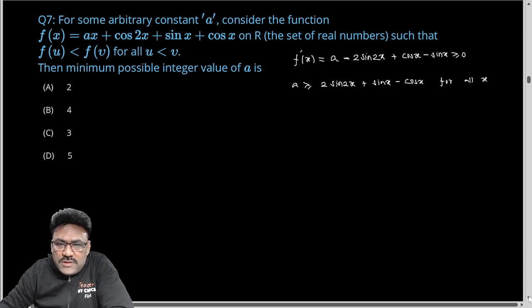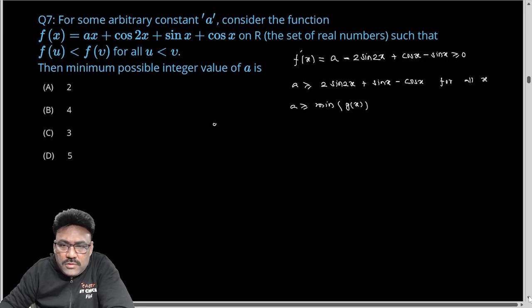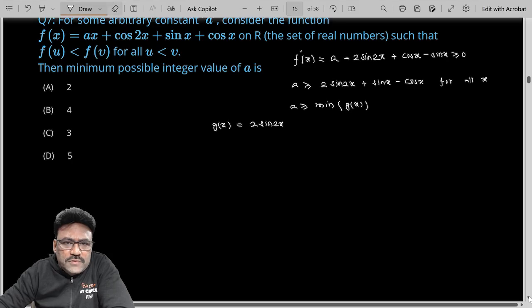So let's say this function is g(x), a must be greater than or equal to the maximum of g(x). And g(x) is what? g(x) is 2 sin 2x. In fact, let me write first like this.